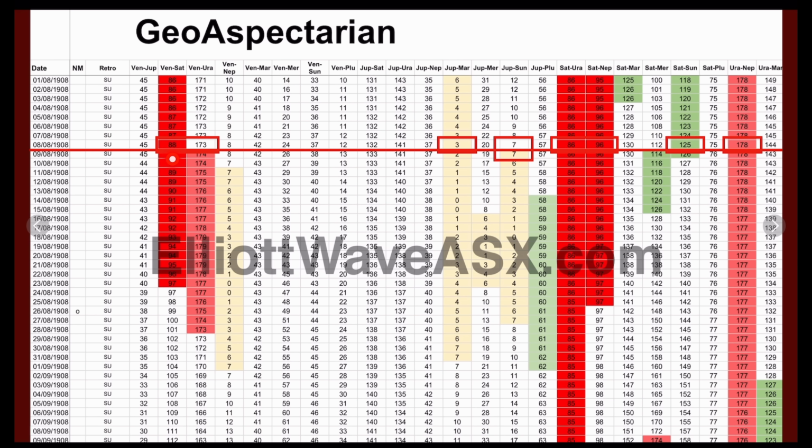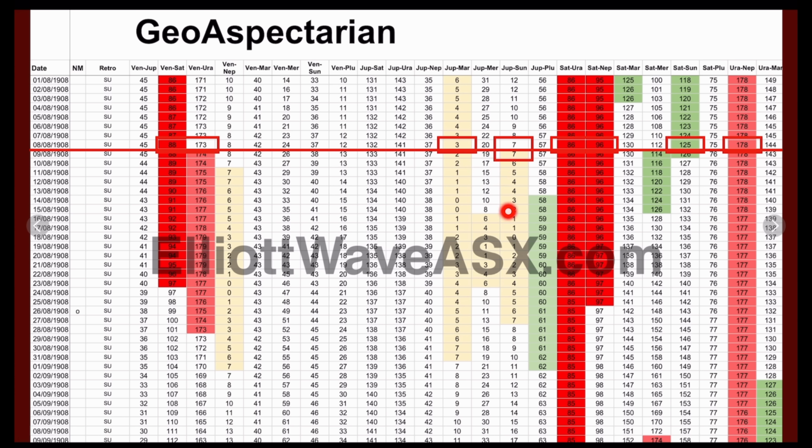we see that Venus-Saturn is at 90 degrees, or a 2-degree orb off. We've got Venus and Uranus coming into a 180 degree aspect. Jupiter-Mars will shortly be conjunct.